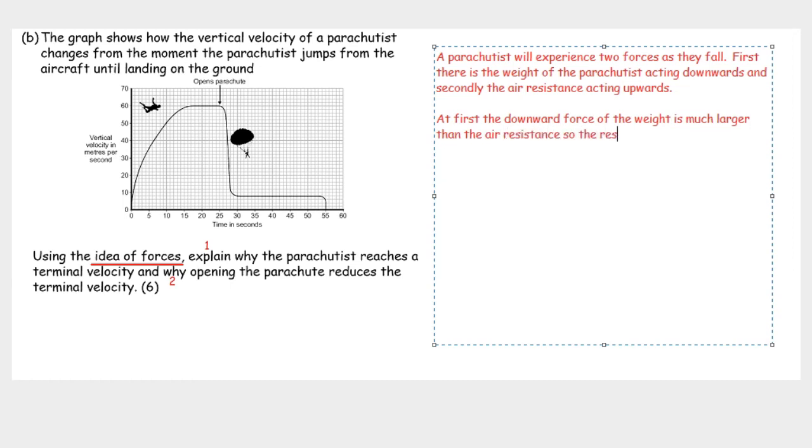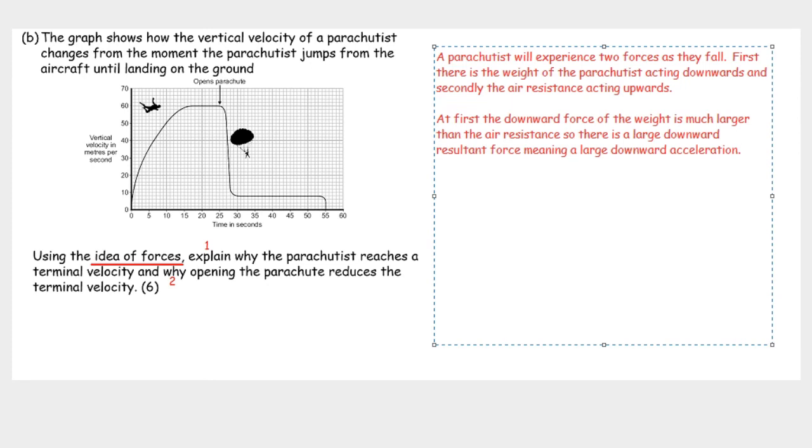So there is a large downward resultant force, meaning a large downward acceleration.